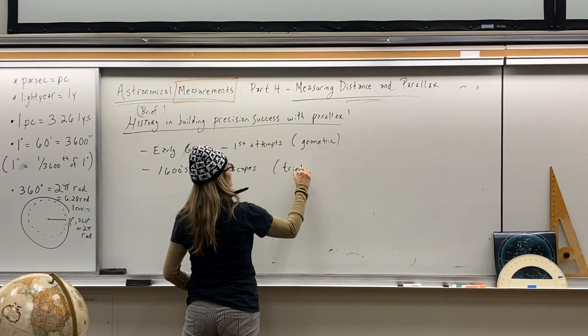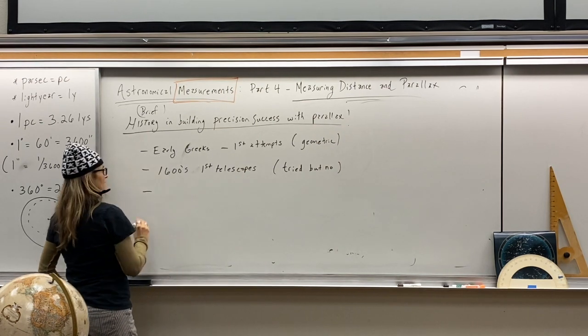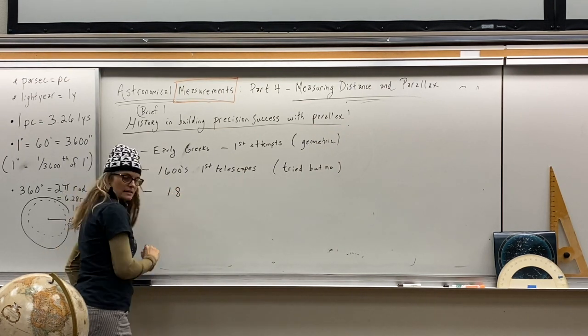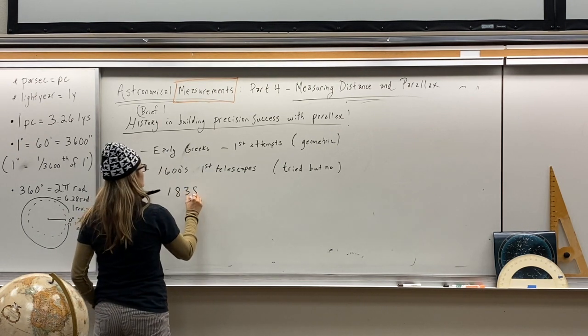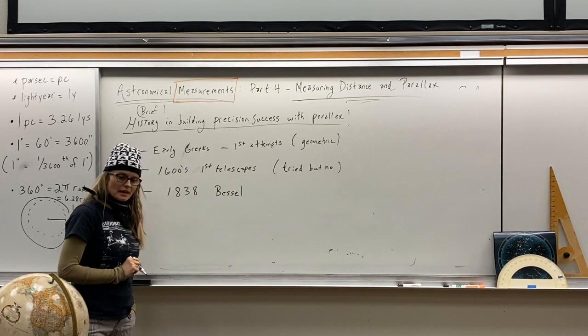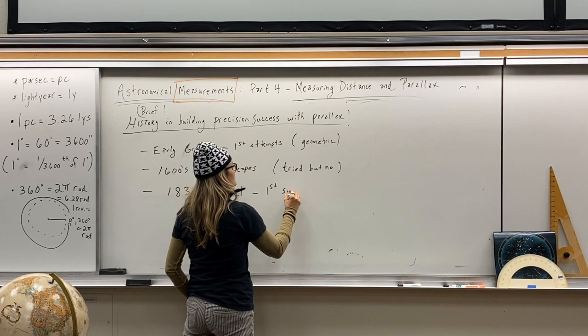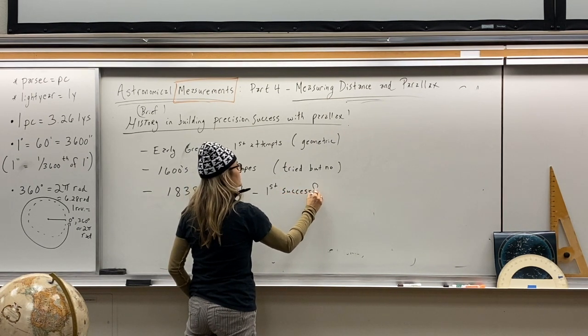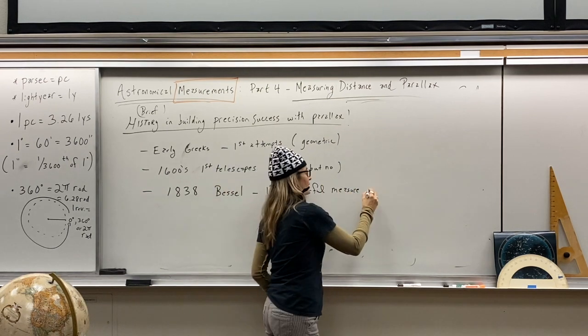Try, but no. And then we get to the first success, which is, and I'll quote, I don't quite remember the date, 1838. We had Frederick Bessel that did the first successful measure of stellar parallax.